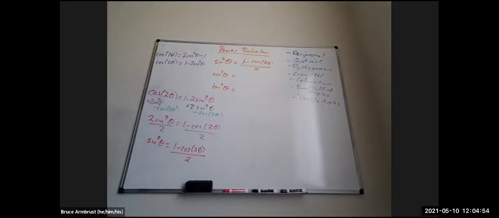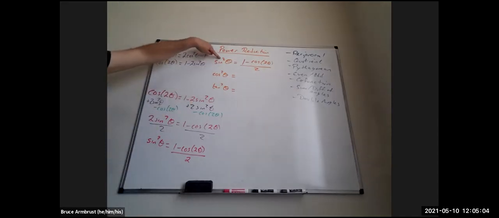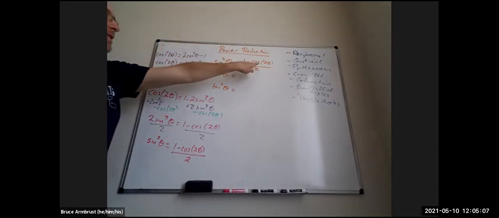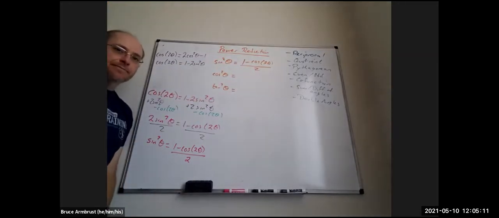So it's 1 minus cosine of 2 theta, all divided by 2. So notice what it did is it took a squared function and made it so that that function is no longer being squared. It reduced the power.